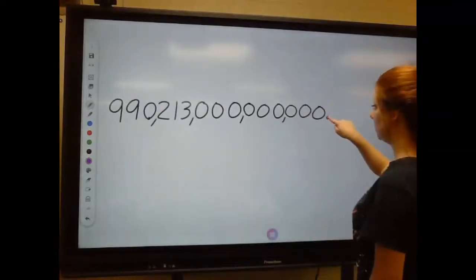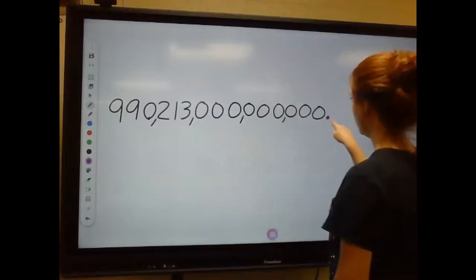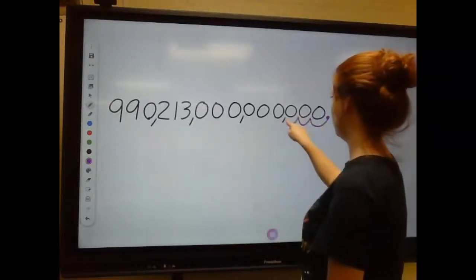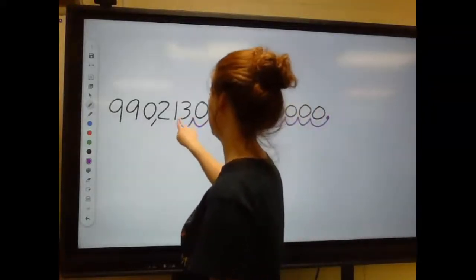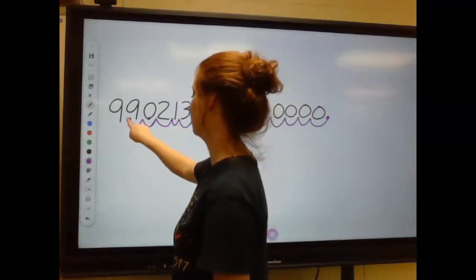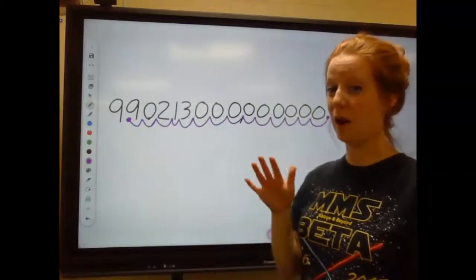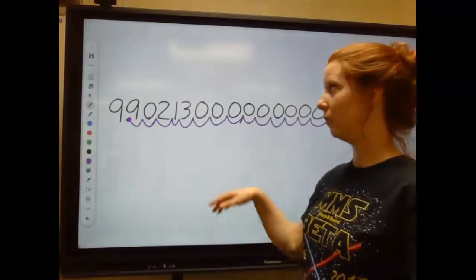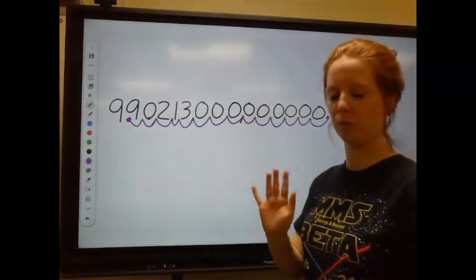So again, our decimal is here at the end because this is a large whole number. And we would move it 1, 2, 3, 4, 5, 6, 7, 8, 9, 10, 11, 12, 13, 14 times. 14 times. This is one of those things where unfortunately you kind of have to write sort of neat. Otherwise, you'll accidentally skip 2 numbers at one time or do something that'll put your count off.